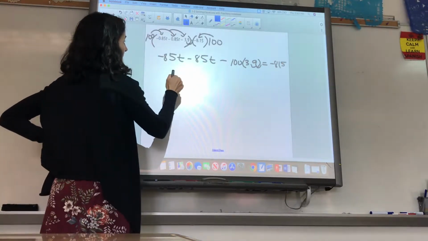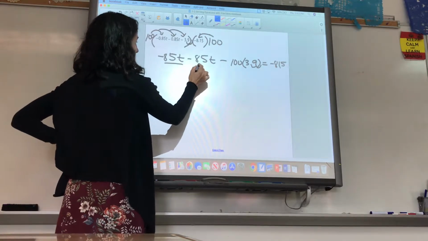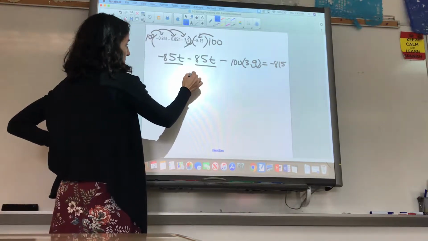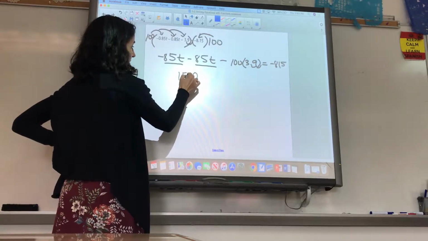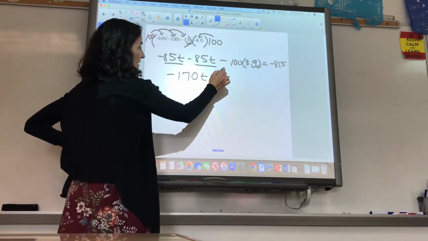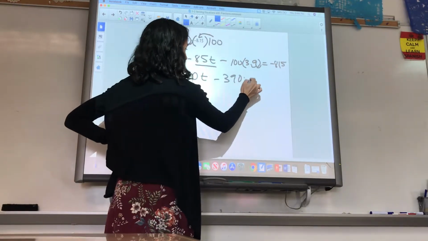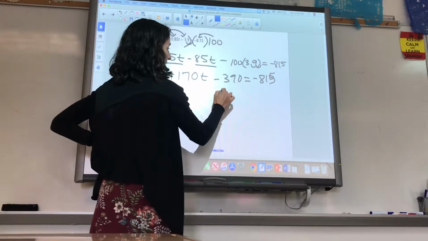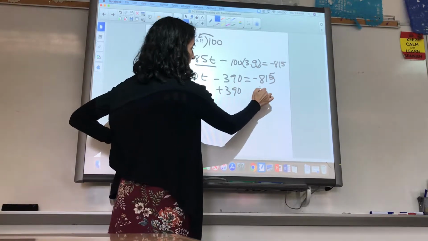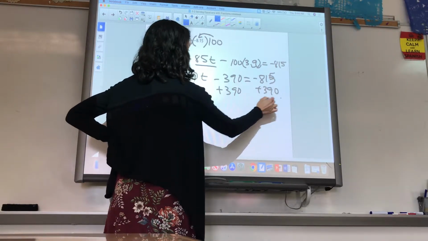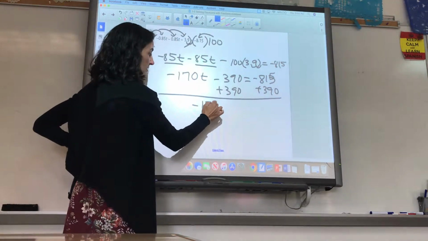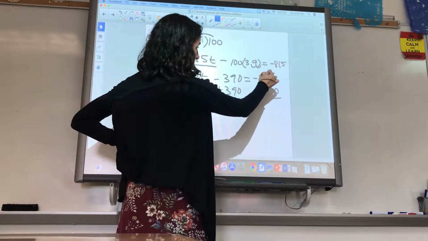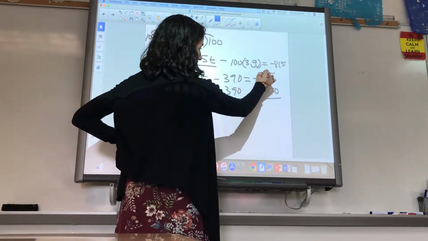All right, combining like terms, we have a negative 85t minus 85t, which is negative 170t minus 390 equals negative 815. Now add 390 to both sides. Negative 170t equals, let's see, borrow my 0.